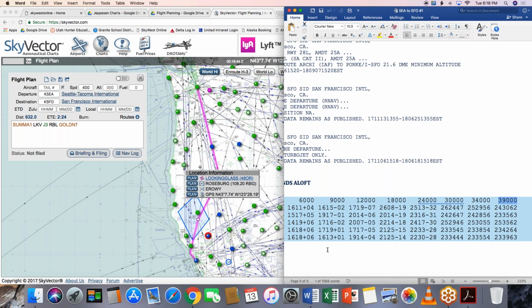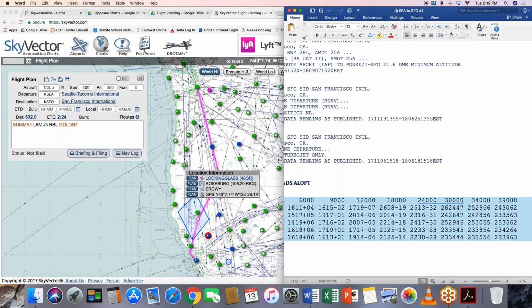We're going to find our average wind direction, heading, and our average temperatures for cruise.